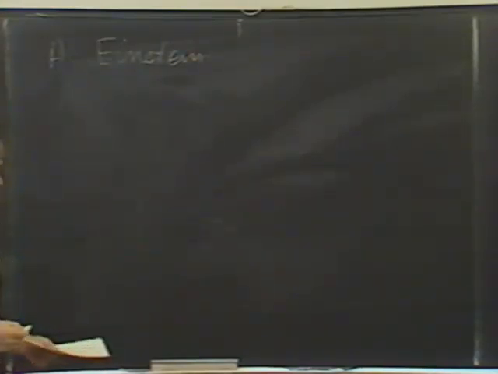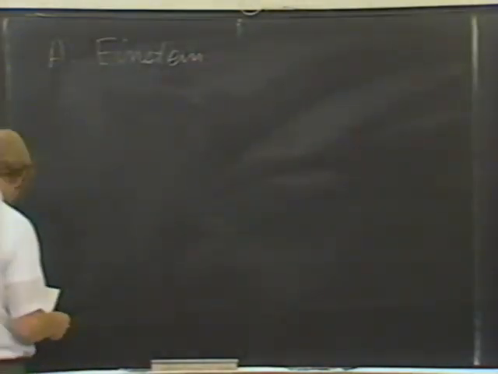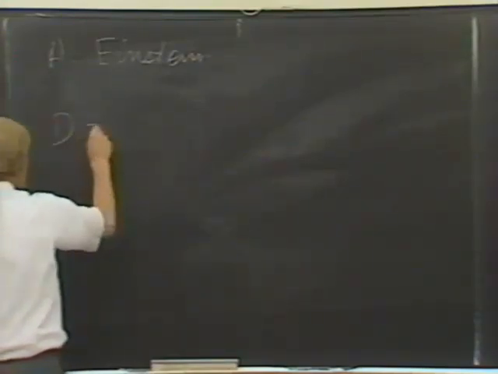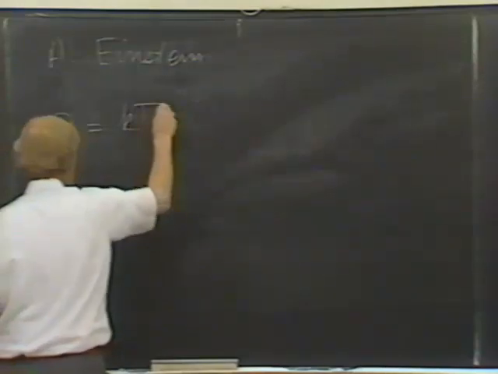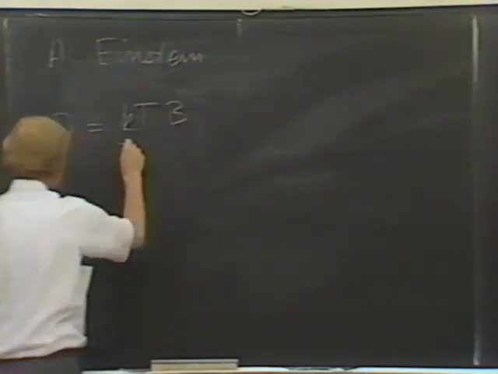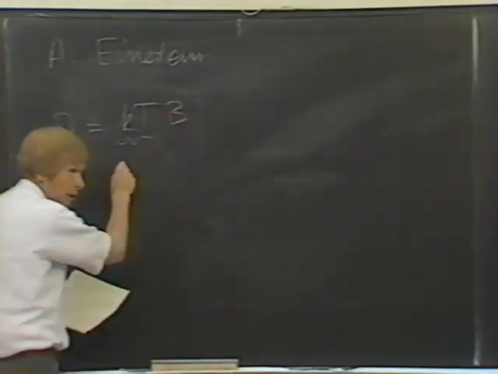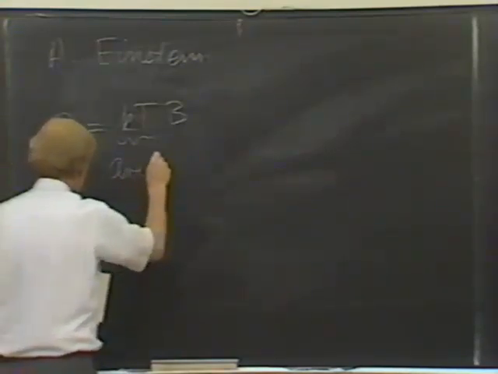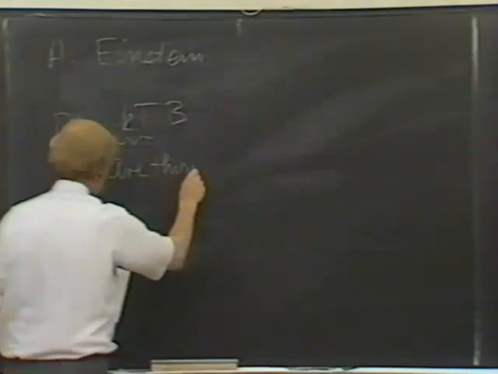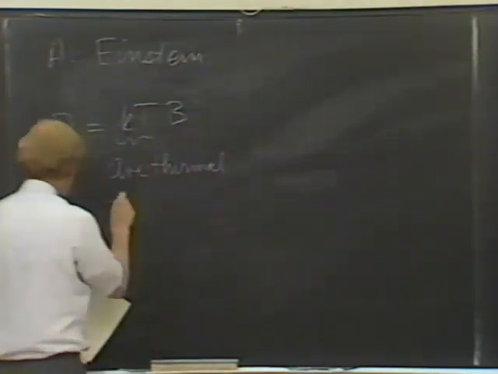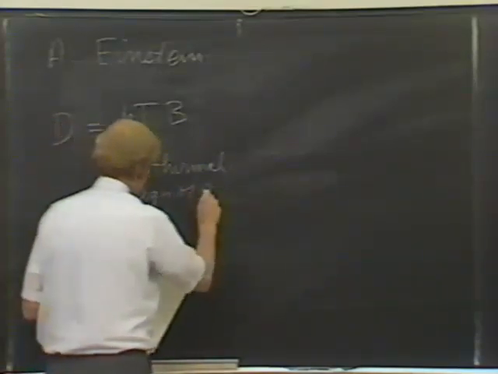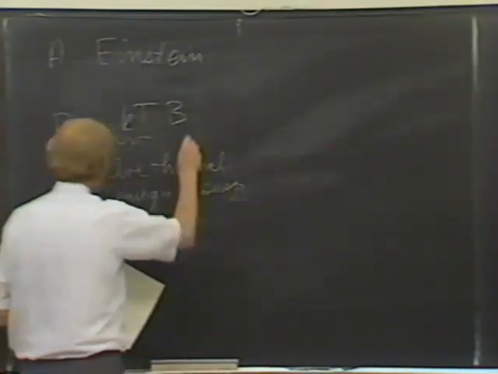He said that for diffusion of gases, D is equal to kT times B, where kT is the average thermal energy of the suspension, and B is the energy dissipation, or 1 over the drag.